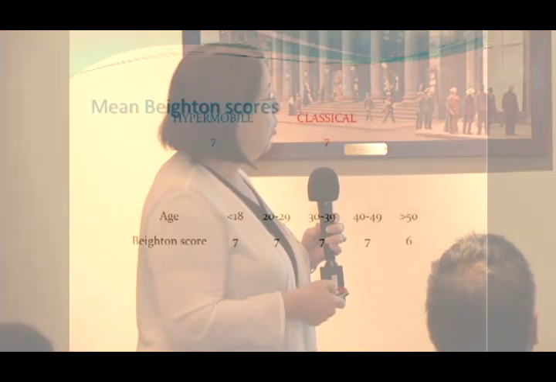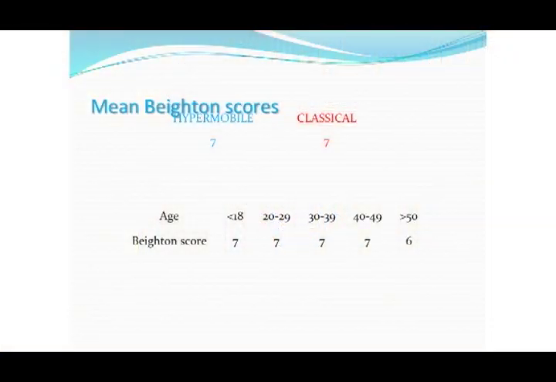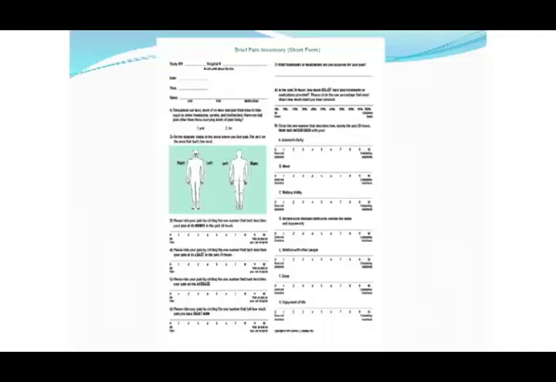So the Beighton scores on average in our group were 7 for all age ranges, except for those over 50, where we saw a slight decrease in the Beighton down to 6. We used the brief pain inventory. This is a form that people fill out to indicate how much pain they're experiencing at the present time, over the past week, at its most severe, and on average.